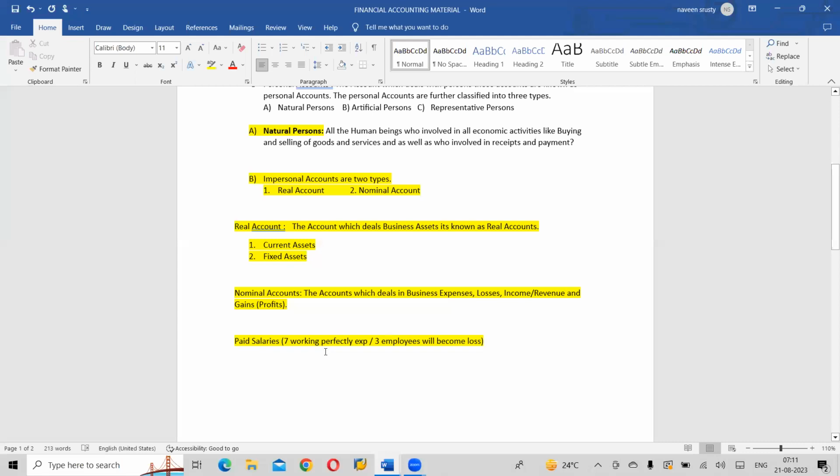As a nature, we need to understand whether it is an expense or a loss. First point. Now, if I come to income or revenue and gains, every revenue will have a profit. Not necessary. Correct.